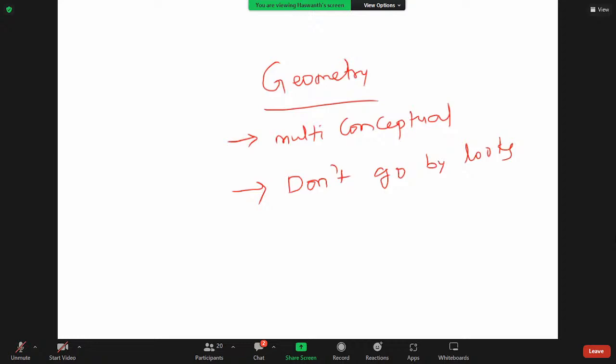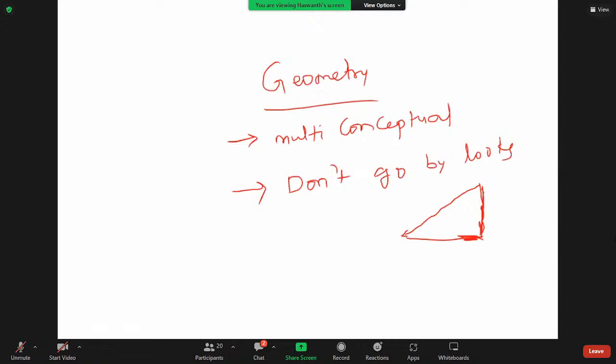For example, let's say a triangle is drawn like this. Now this looks like a right angle triangle. Just because it looks like a right angle triangle, in the exam, if a simple figure like this is given, you cannot consider it as a right angle triangle. All we can say here is ABC is a triangle.